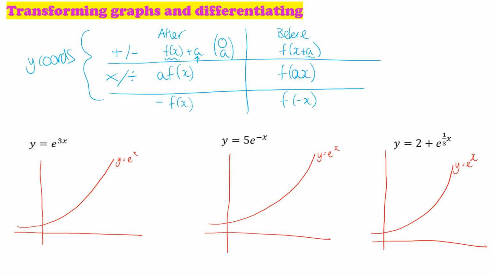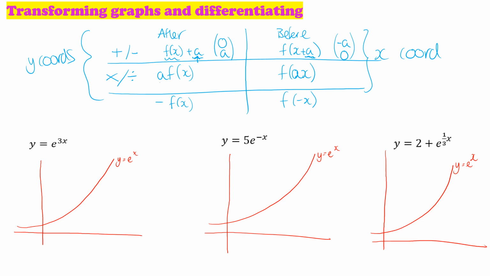If you add the a and then do it before, all the ones that affect the before affect the x coordinates, and they go the opposite way than what you would think. So adding this a lifts the graph up and down. Adding this a before, it's going to move the graph to the left by a.